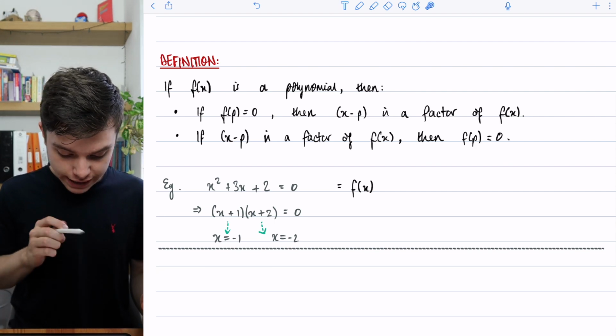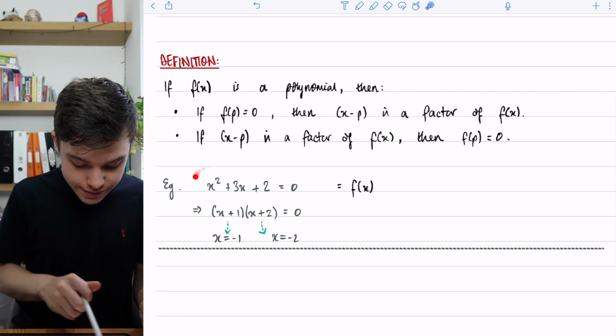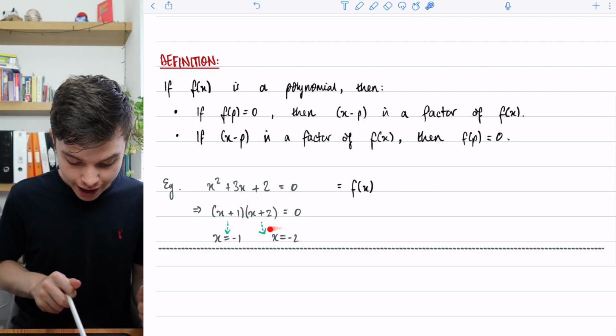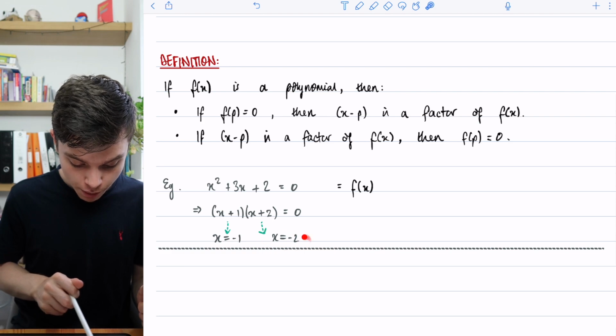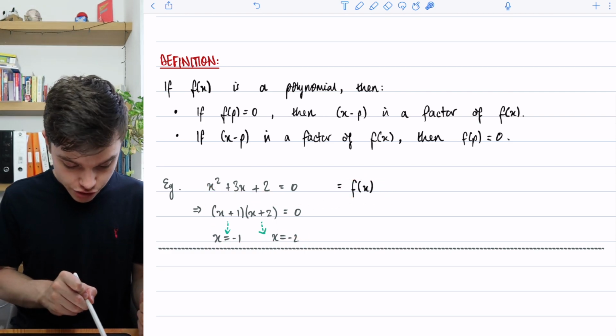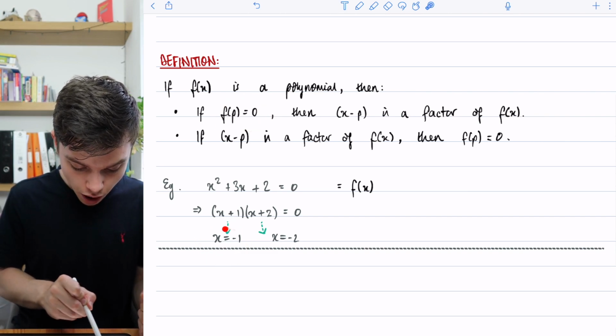Okay, so really we can use the factor theorem here to help us. We started off with our quadratic and we set it equal to 0 to work out the two values that, when we substitute into f of x, give me 0. So basically we're saying here x equals minus 1 gives me 0.